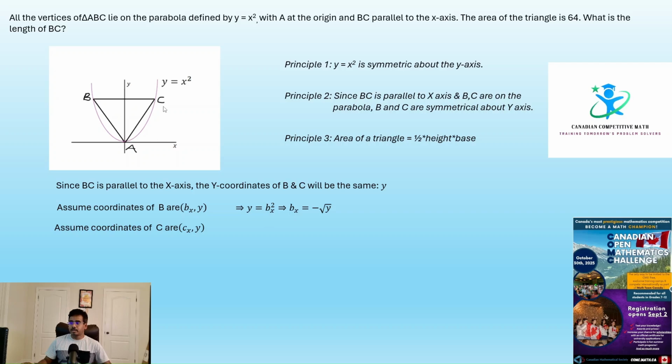Same thing with coordinates of C. We have cx comma y. Since y equal to x squared, we have y equal to cx squared. So then cx becomes square root of y.